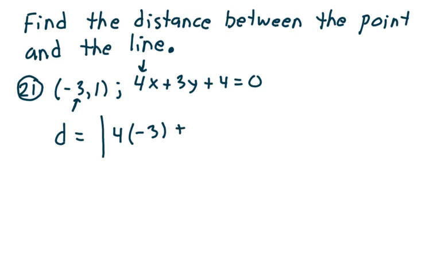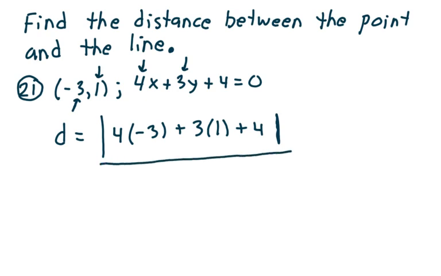I'm going to go plus 3, and then multiply by the second coordinate of the point, 1. Then I'm going to add 4. And remember, it's a distance, so this is an absolute value. I'm going to divide by the square root of a squared plus b squared. So it's the square root of 4 squared plus 3 squared.